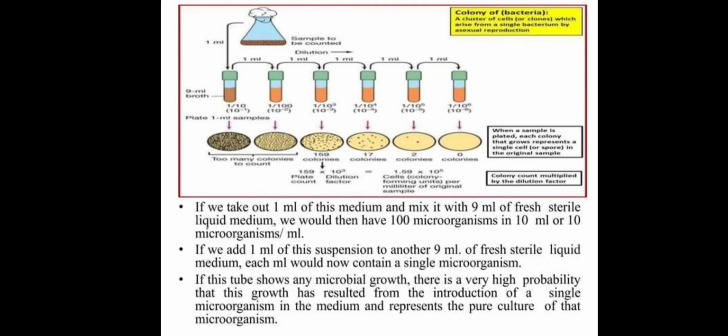If we add 1 ml of the suspension to another 9 ml of fresh sterilized liquid medium, each 1 ml would now contain a single microorganism. If this tube shows microbial growth, there is a very high probability that this growth has resulted from the introduction of a single microorganism into the medium and represents the pure culture of that organism.